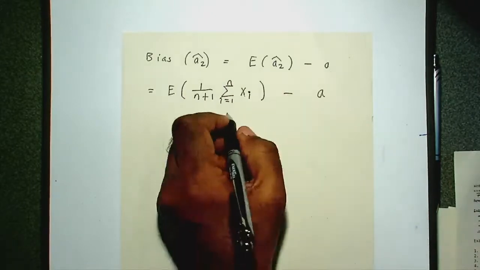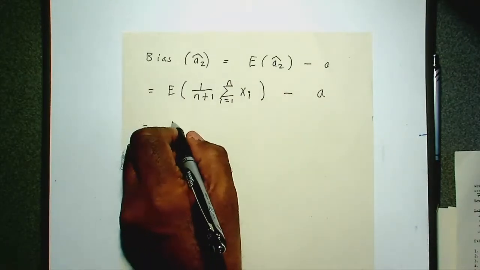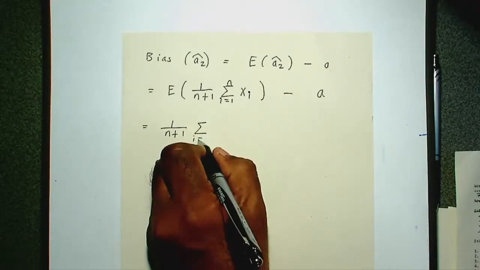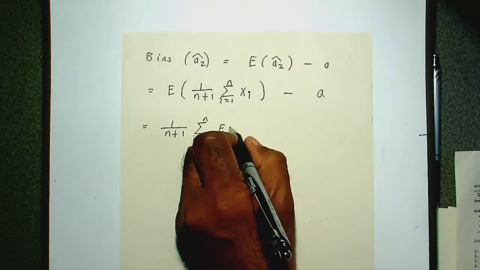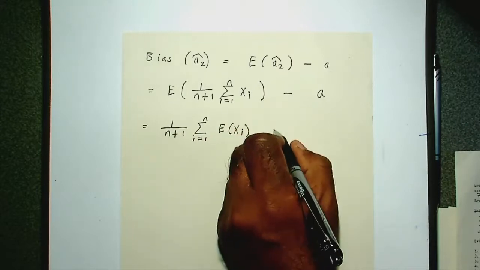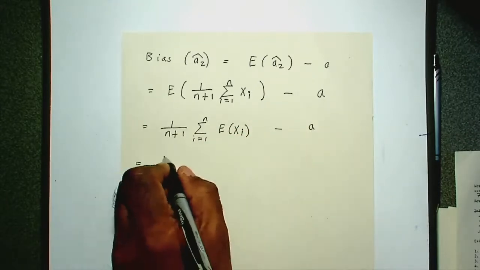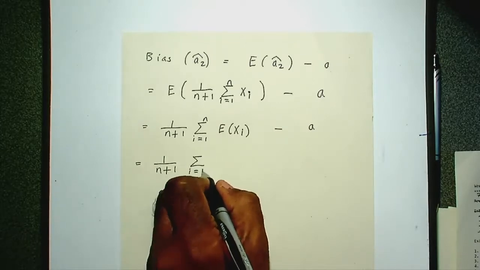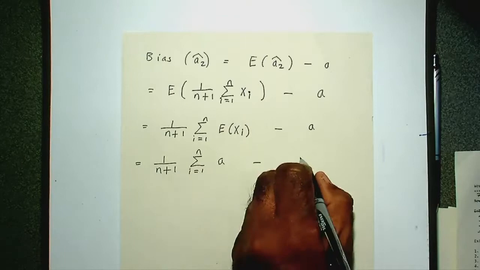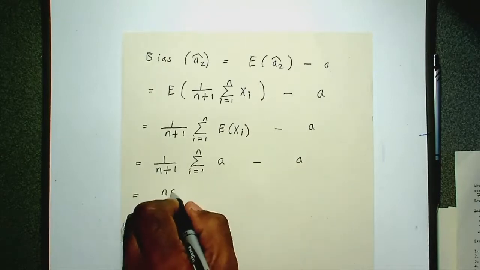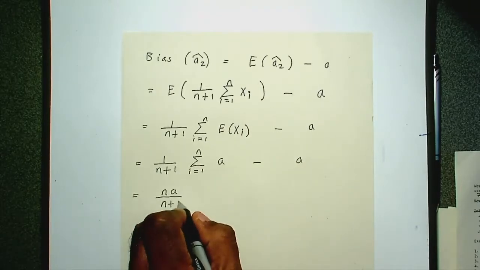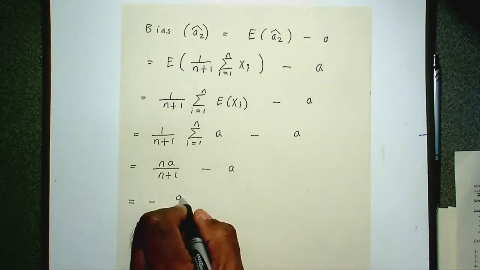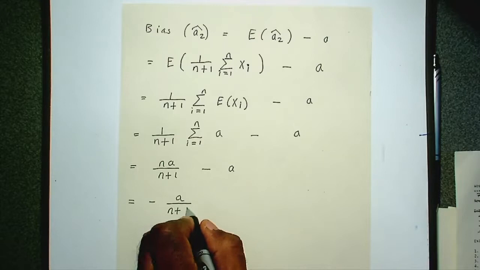This is the expectation of the sum of xi, minus A. So this is 1 over n plus 1 times the sum of A, minus A. So this is nA divided by n plus 1 minus A, which is minus A divided by n plus 1.